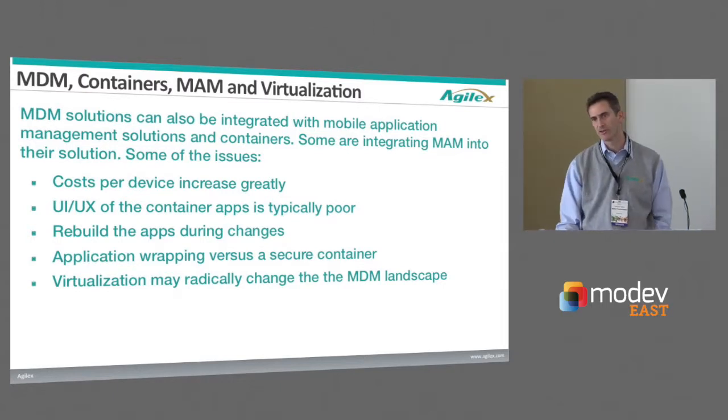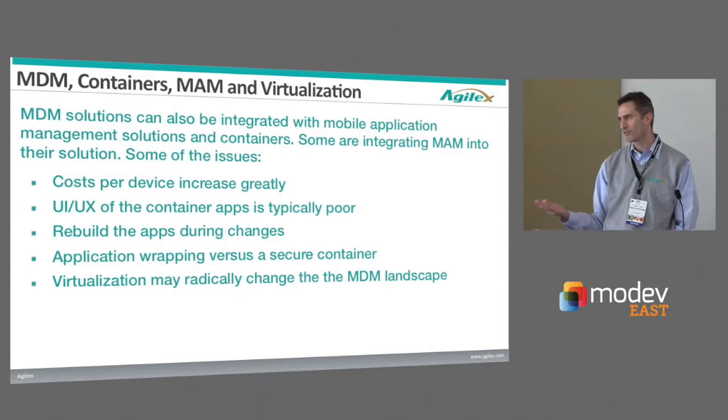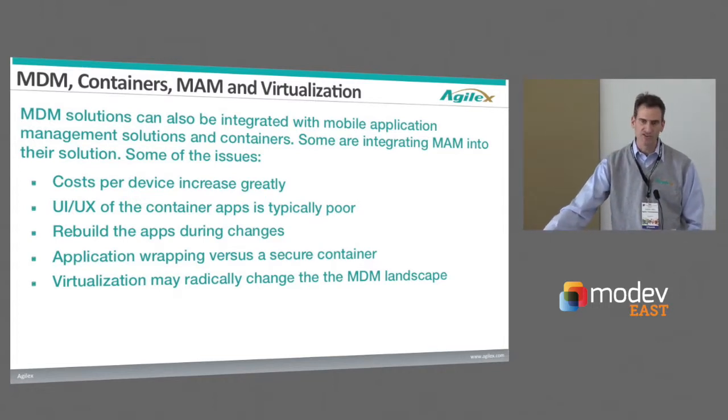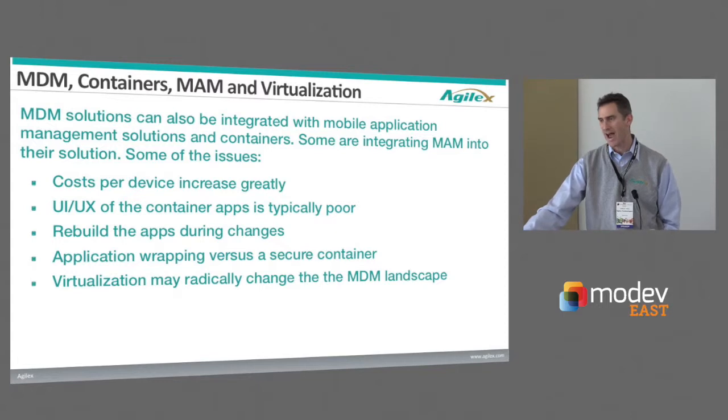If you're going to use a container like Fixmo, for example, or a Good or something like that with an MDM, your cost per device increases quite a bit because you've got the cost of the container and then the cost per device for the MDM. The UI and UX of the apps that are in containers are typically not all that great. If you look at Good's email client, for example, it's not all that great. Some of them are better, but a lot of customers are kind of turned off by that.